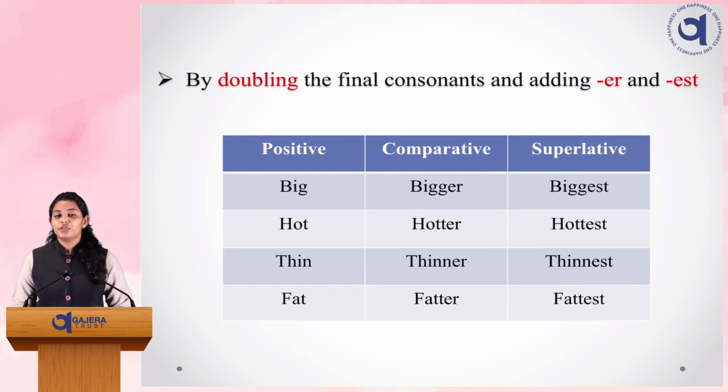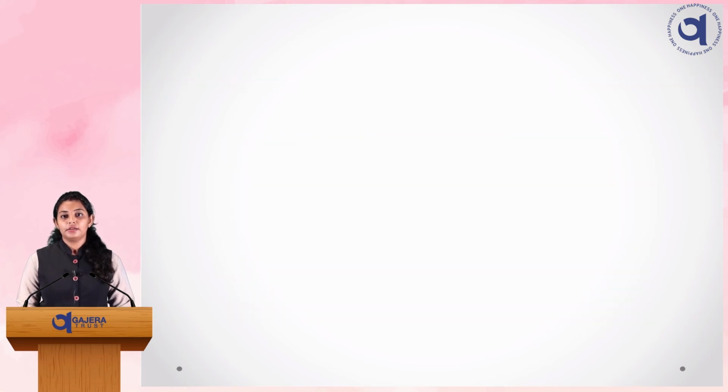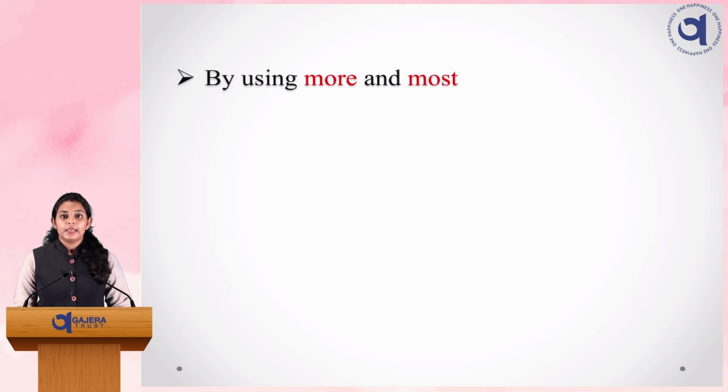So students, here you can see that the last letter, means the last consonant, has been doubled in the comparative and superlative form, and then we have to add er, est. Okay, clear? Fine.